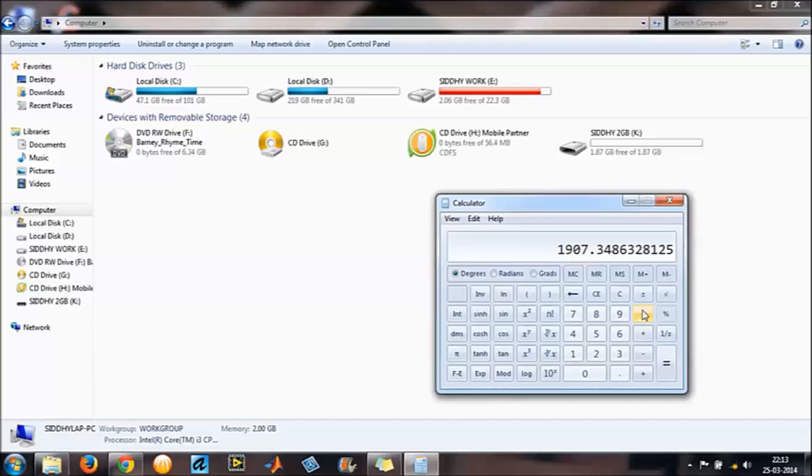What I essentially have here is 1907 megabytes, and again divided by 1024 to get gigabytes. What you see is 1.8626 gigabytes. That is almost close to 1.87 GB. So do you get it?